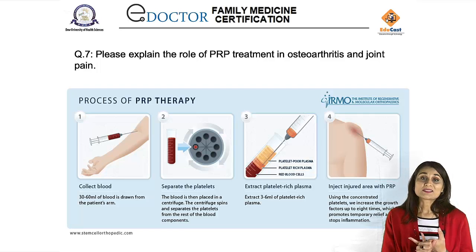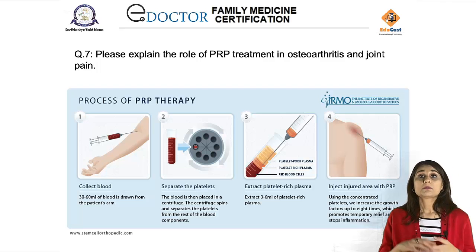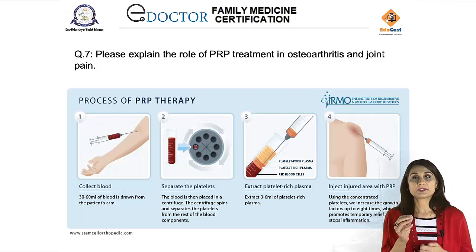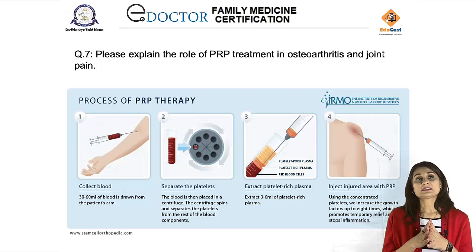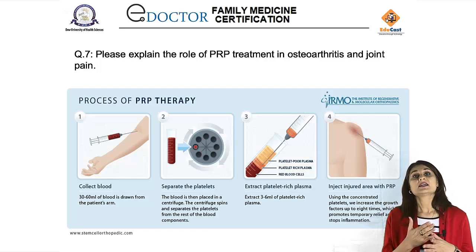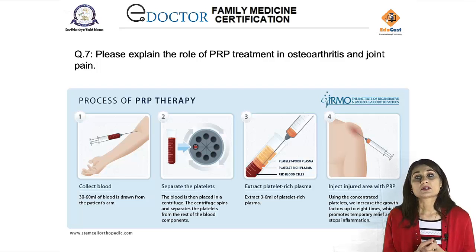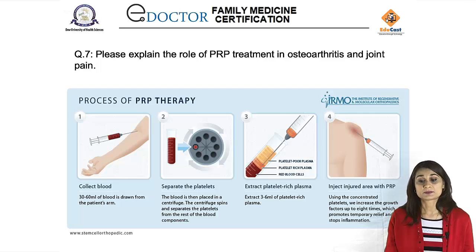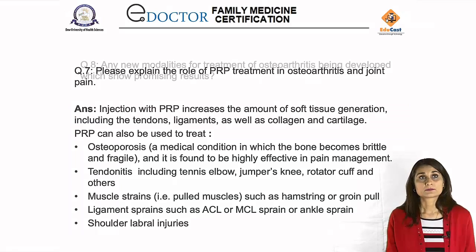We also use them for muscle strain and for osteoarthritis. The basic concept is that your platelets carry the healing and growth factors, so when you inject that into the patient, that's how they cause the healing. I hope it helps.